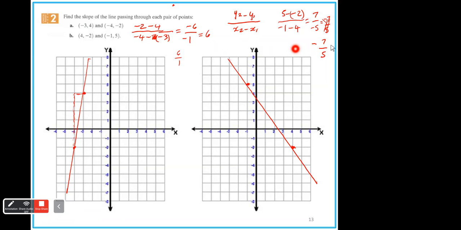and then across 5. So you start at this point that we've got here, 1, 2, 3, 4, 5, 6, 7, and then 1, 2, 3, 4, 5.